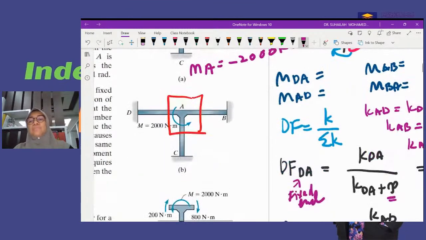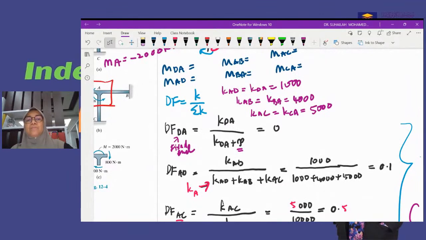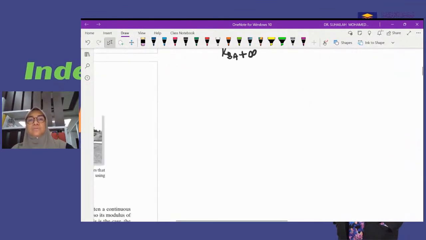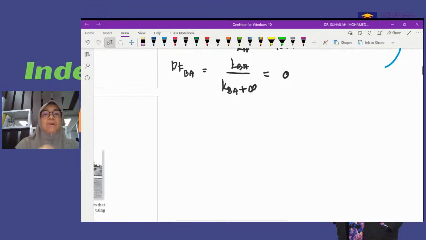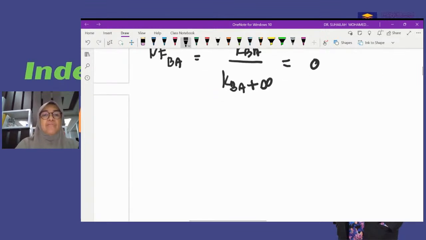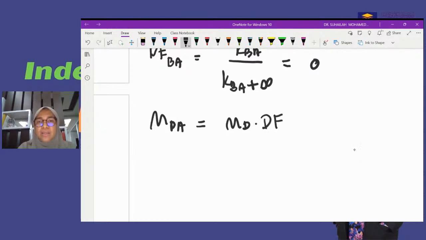By looking at the distribution factor labels, we have six member end moments. We have MDA, which is MD times distribution factor DA, and this is equal to 0.